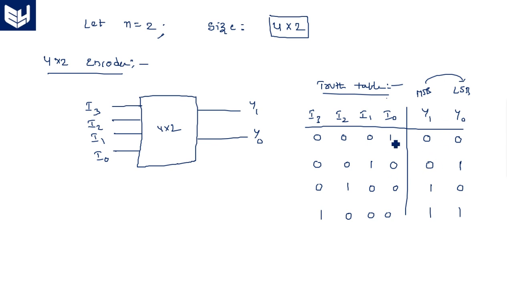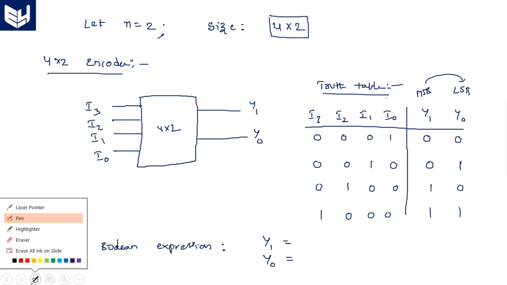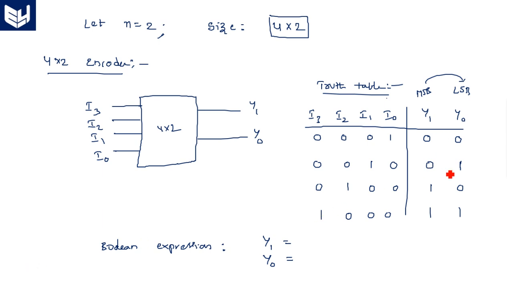If you understand the concept, you can simply go for the higher order also. How can you write the Boolean expressions from the truth table?